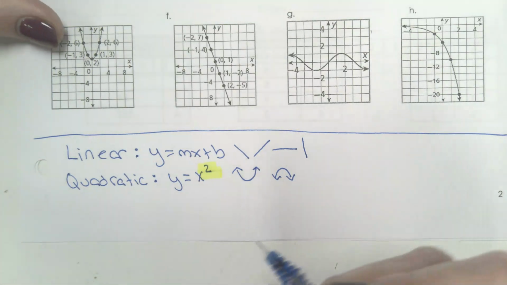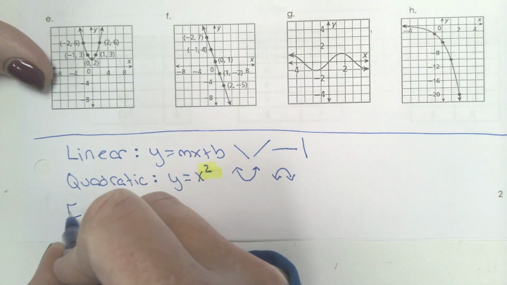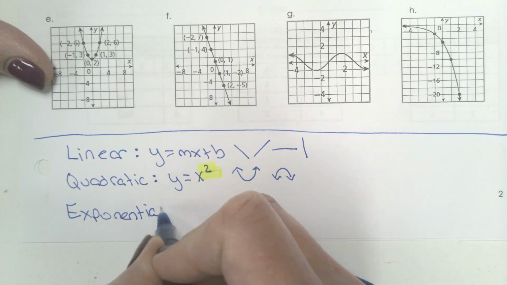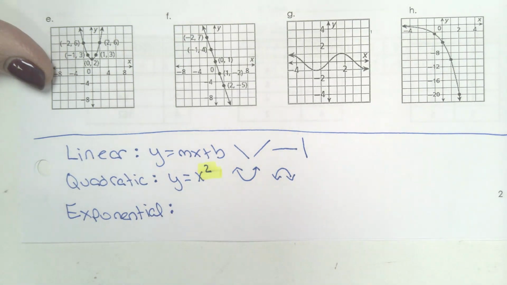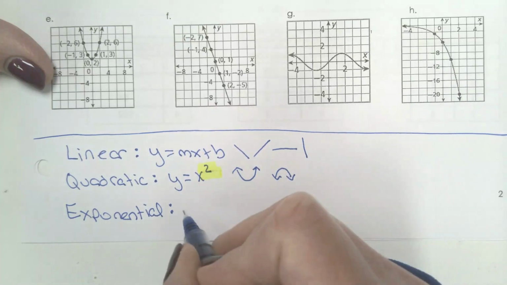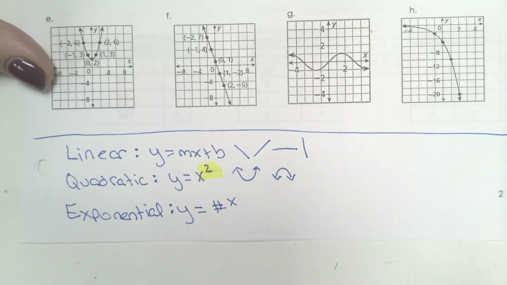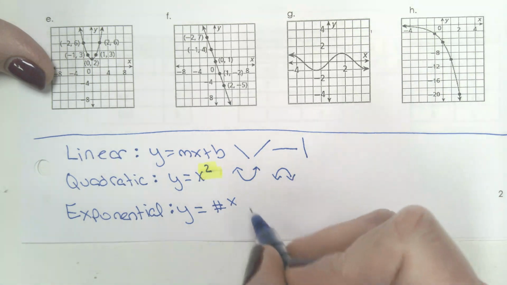The third one that you don't have a ton of experience with yet is exponential. For an exponential function, it's going to take the form y equals some number to the x. So this one's a little weird because this number here could be anything at all.